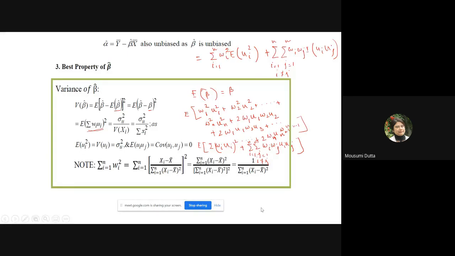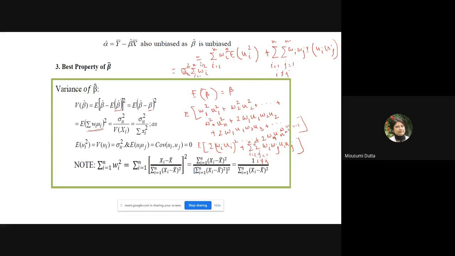So we will operate both the assumptions in this context. Okay, and this we will write as sigma u square summation wi square.